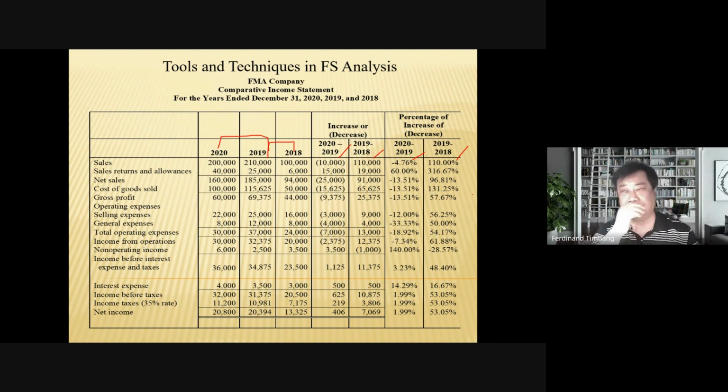Depende kasi yan kung anong analysis ang gusto nyo gawin, no? But it should not be relying based on the person doing the analysis. Kasi syempre, you have a person or you have the stockholders or the board of directors to report to, no? So, dapat alam natin kung ano yung gustong malaman ng board of directors at saka ng stockholders natin, no?